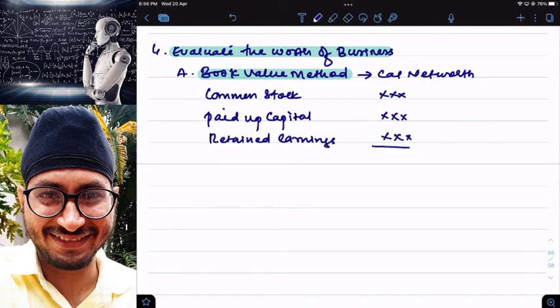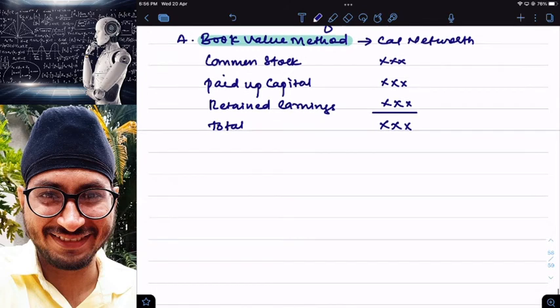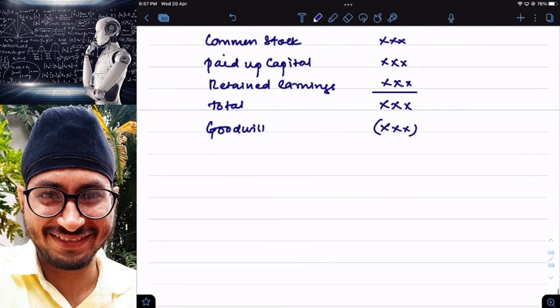I will total this up. From this total, I will adjust goodwill, and then overvalued assets.